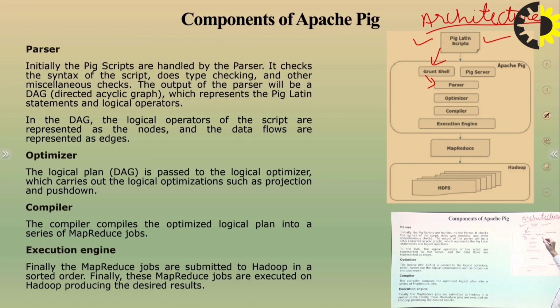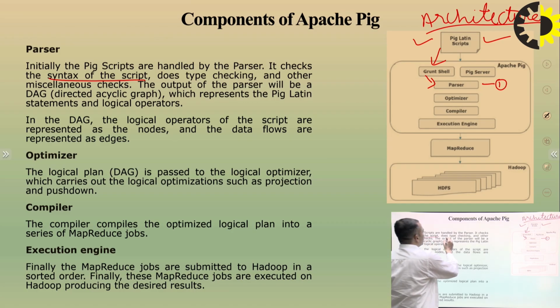The first component is the parser. The working of this parser is to check the syntax of the scripts. It also does type checking of the script, and other miscellaneous checks are performed here in the parser.